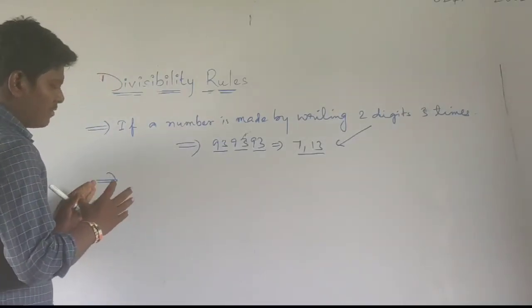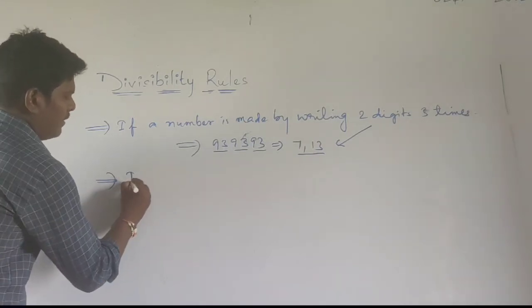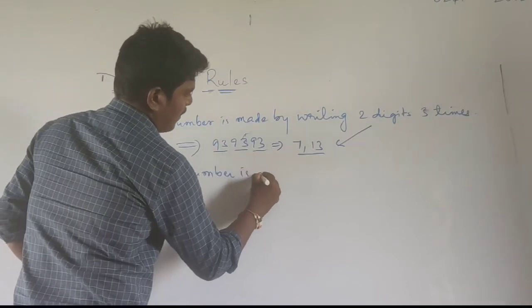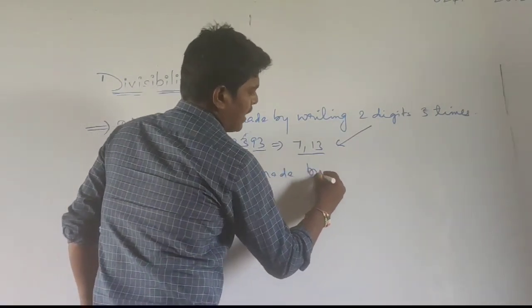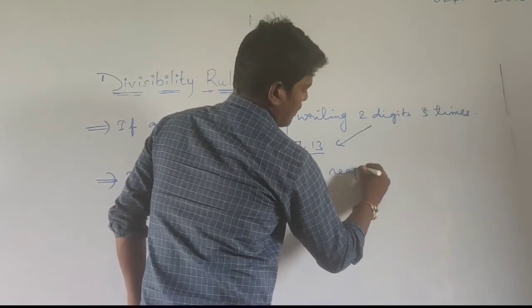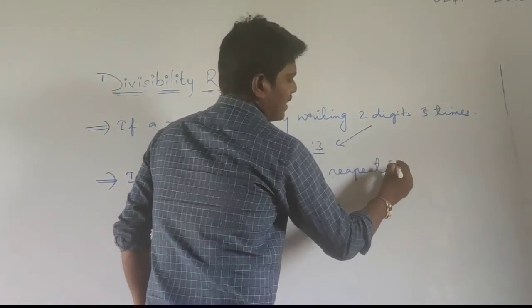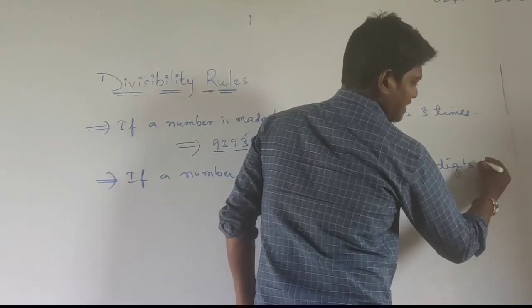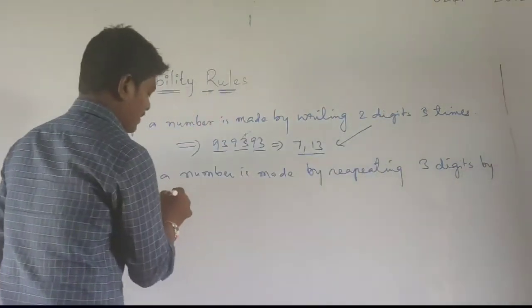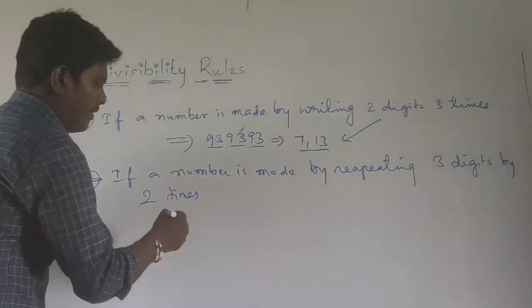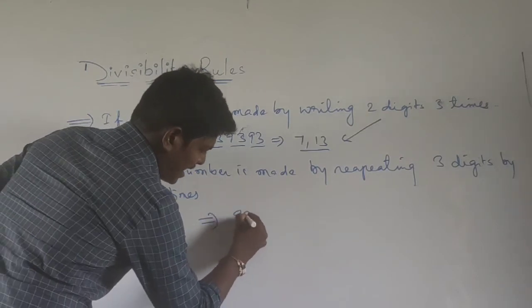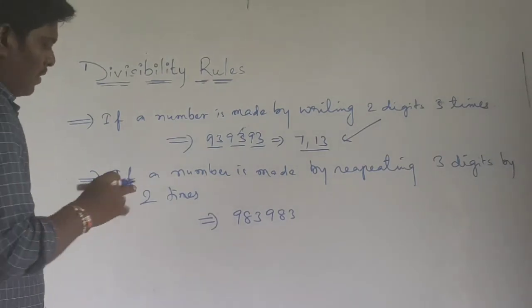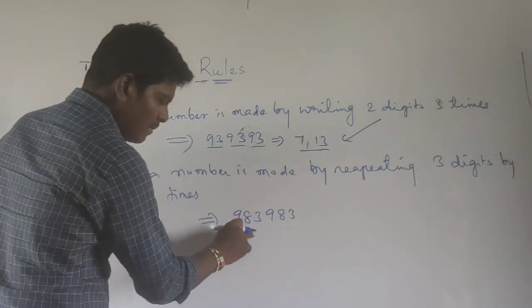We discuss one more divisibility rule. If a number is made by repeating 3 digits 2 times, for example 983983, just look at this number.